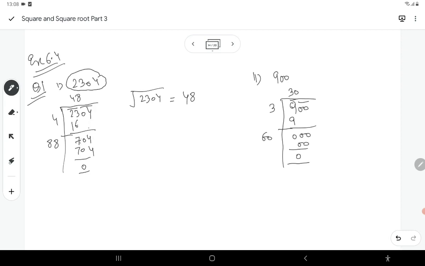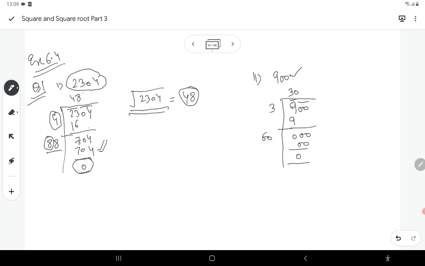So now the remainder becomes 704. Now next step is double the divisor and make it the next divisor. So 4 2s becomes 8. Next step is we know that 88 8s are 704. Finally the remainder comes as 0. So the square root of 2304 becomes 48.